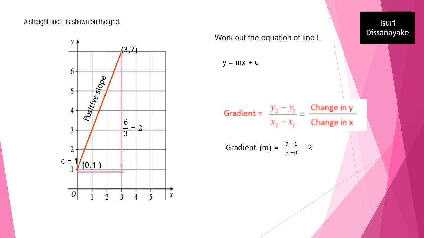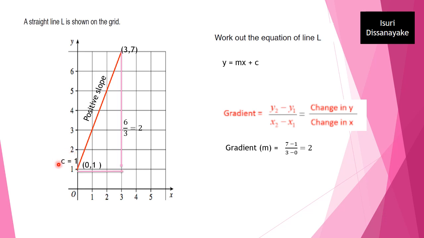Then we have to know what the y-intercept is, which is c, the point where the graph cuts the y-axis. You don't have to work it out separately. The graph shows you that the straight line cuts the y-axis over here. So the point where the graph cuts the y-axis is at 1. So you can say that c is equal to 1.